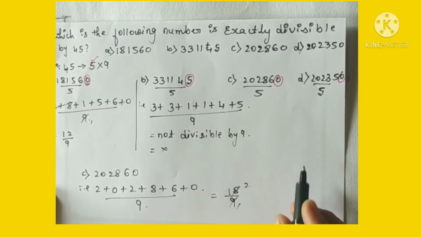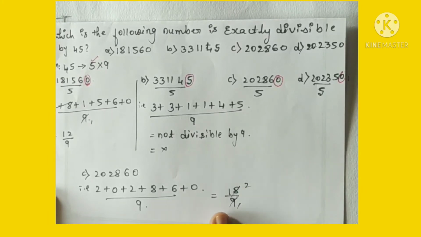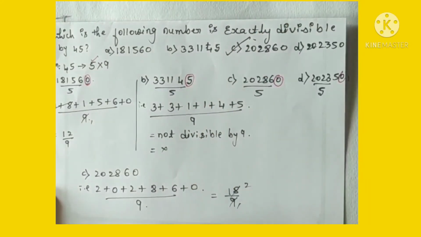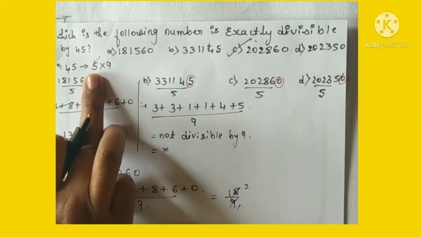Yes, it is divisible. This number already satisfies the divisibility rule of 5, and now it satisfies the divisibility rule of 9. So finally we can say it satisfies the divisibility rule of 45. So the correct option is option C, because it satisfies the divisibility rule of both 5 and 9.